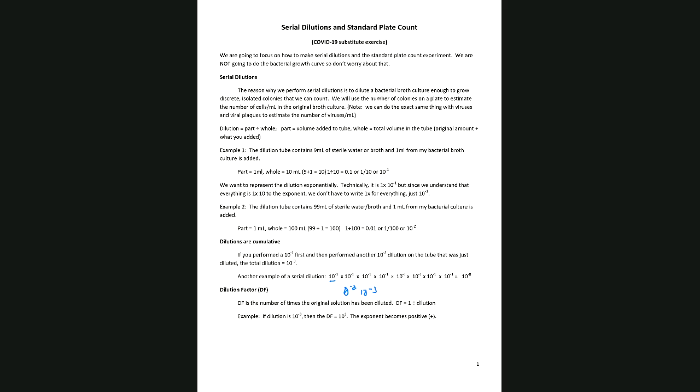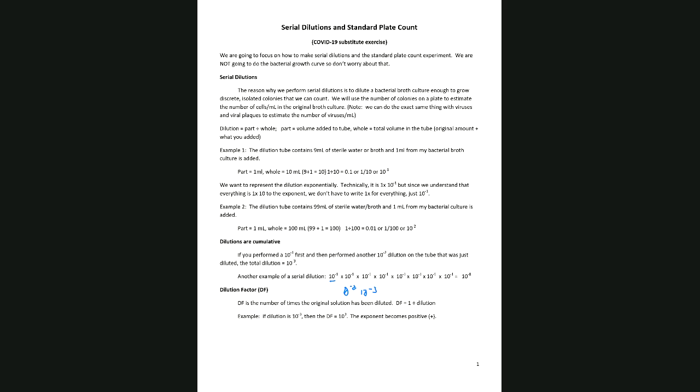So that's all well and good. That allows us to calculate the dilution. But in order to do our final calculation, we need to use what's called the dilution factor. And the dilution factor is the number of times the original solution has been diluted. Mathematically, the dilution factor is 1 divided by the dilution.